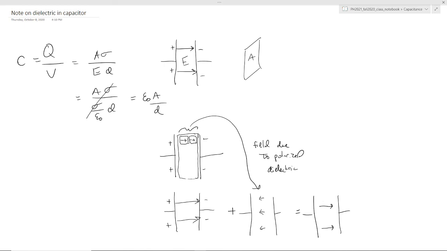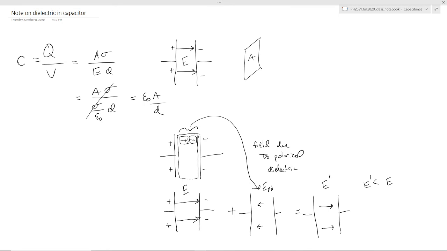The same number of arrows. So your default electric field, you have this polarization electric field that's pointing the opposite direction, and then the resultant electric field is less. It's less than the default.